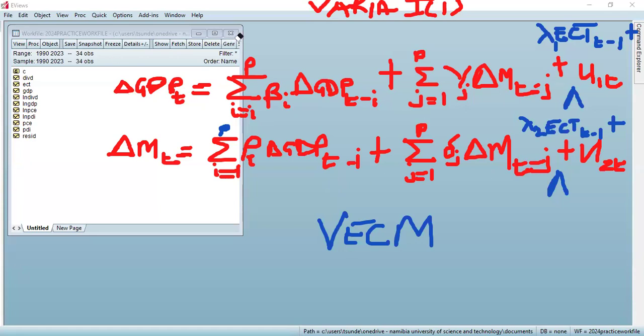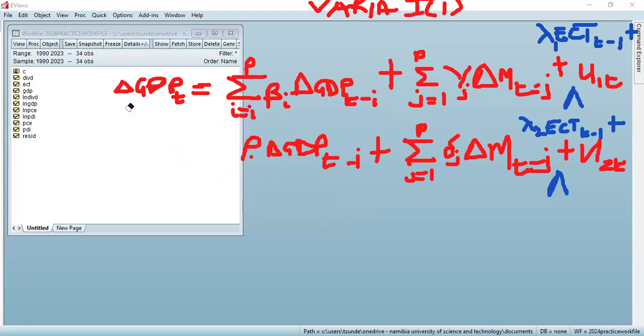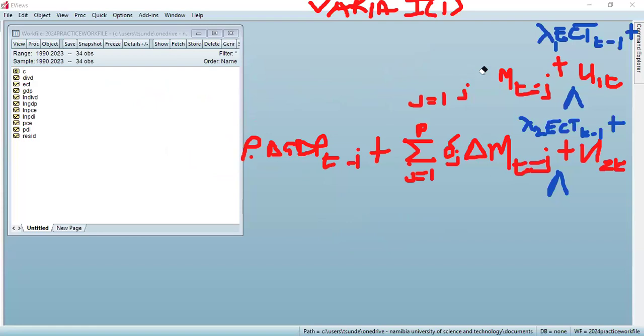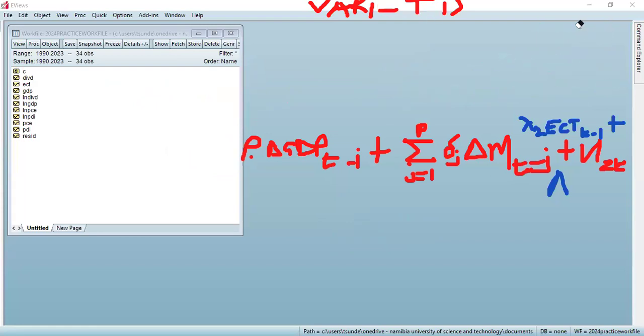Okay, so let's now go to the estimations because there's a whole lot to cover. I've given you the background of what we did last time, because this is basically almost all the things that we did last time.